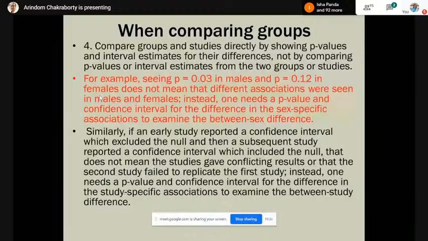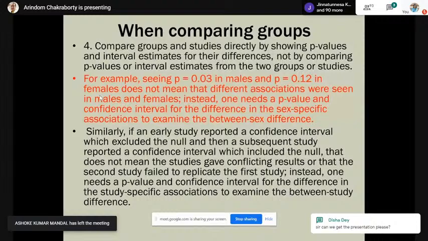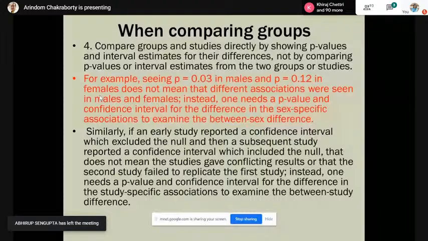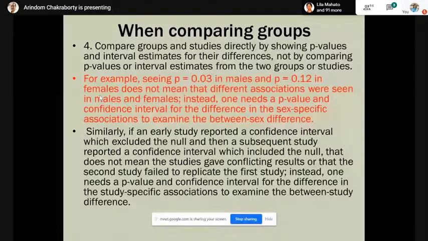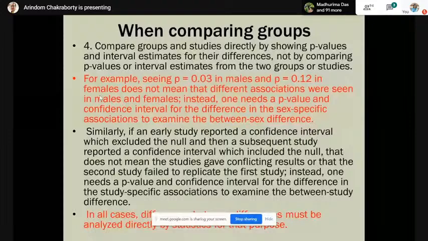Similarly, if an early study reported a confidence interval which excluded the null, and a subsequent study reported a confidence interval which included the null, that doesn't mean the studies gave conflicting results or that the second study failed to replicate the first. Instead, one needs a p-value and confidence interval for the difference in the study-specific associations to examine the between-study difference.